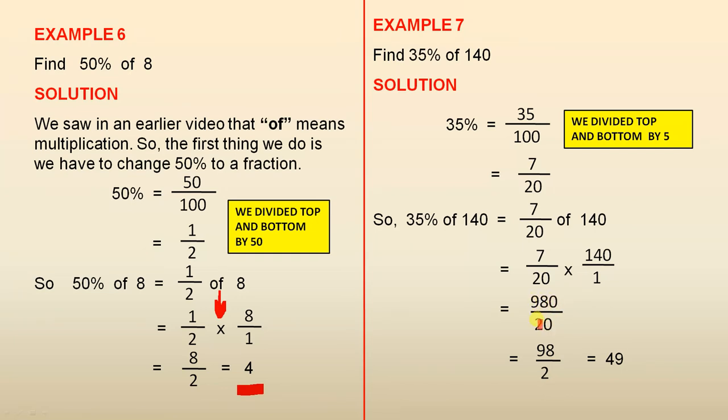So it's 980 over 20. Divide top and bottom by 10, which gives you 98 over 2. Divide top and bottom by 2, which gives you 49. So 35% of 140 is 49.